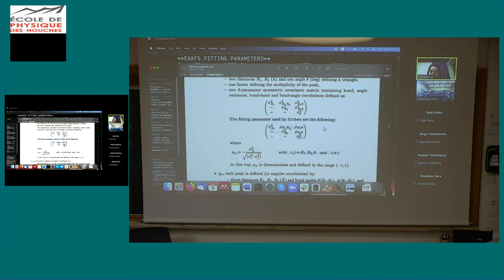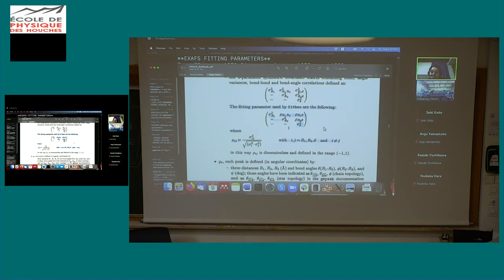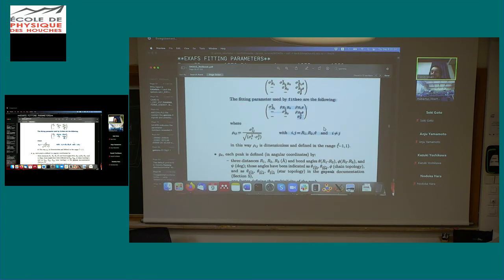So in this case, the diagonal elements are the thermal broadening of these parameters, but for the off diagonal elements, these are scaled. So these rho actually are defined in this range.